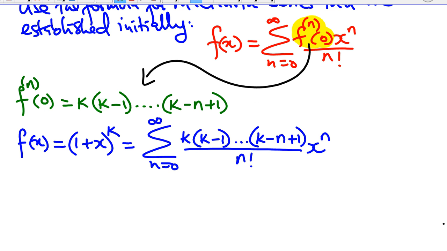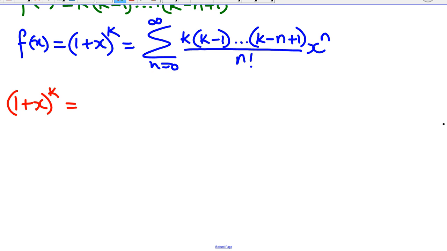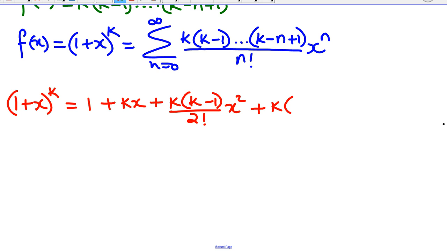So back to my expansion here, if I just write the expansion, I can write here (1 plus x) to the power k will be equal to 1 plus kx plus k into k minus 1 over 2 factorial x squared plus k into k minus 1 into k minus 2 over 3 factorial, plus whatever comes next.